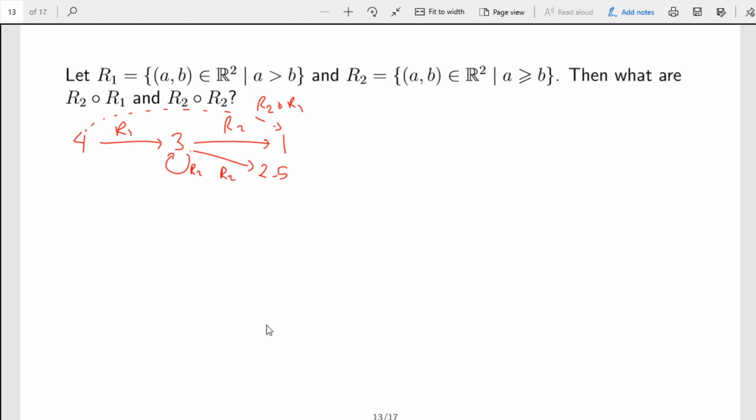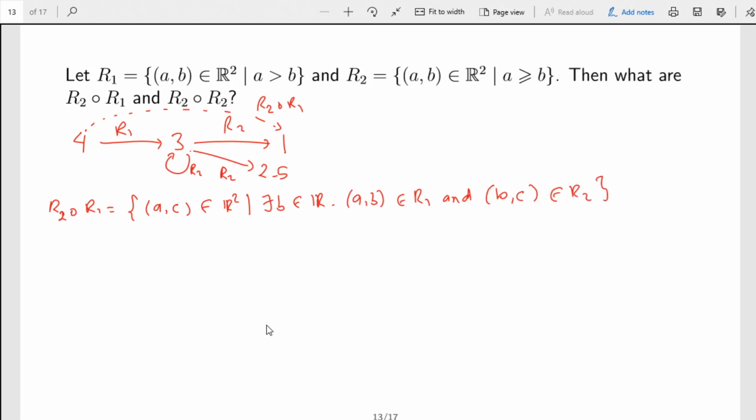So what exactly is R1 and R2? Well, you could do it this way. The composition of R1 and R2 is the set of pairs of real numbers (a, c) such that there is a real number b with (a, b) in R1 and (b, c) in R2.